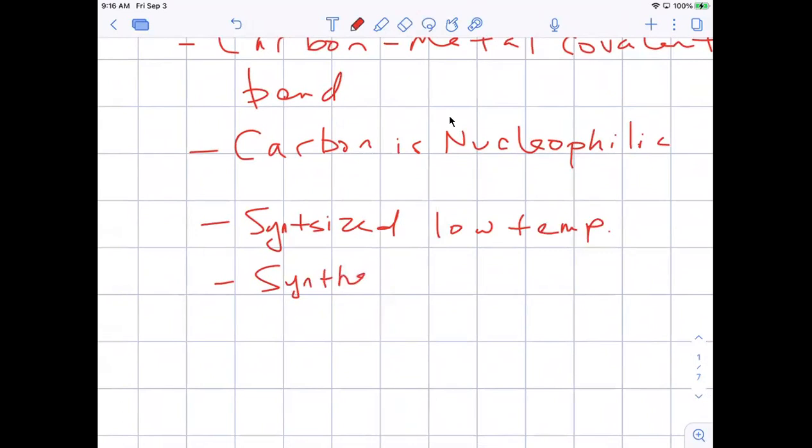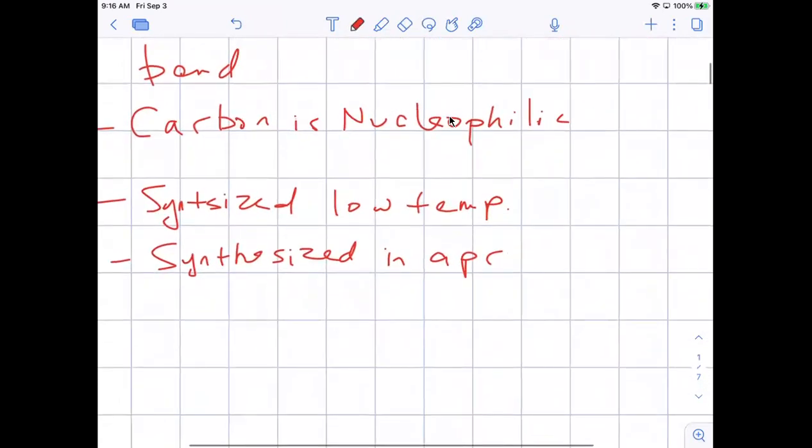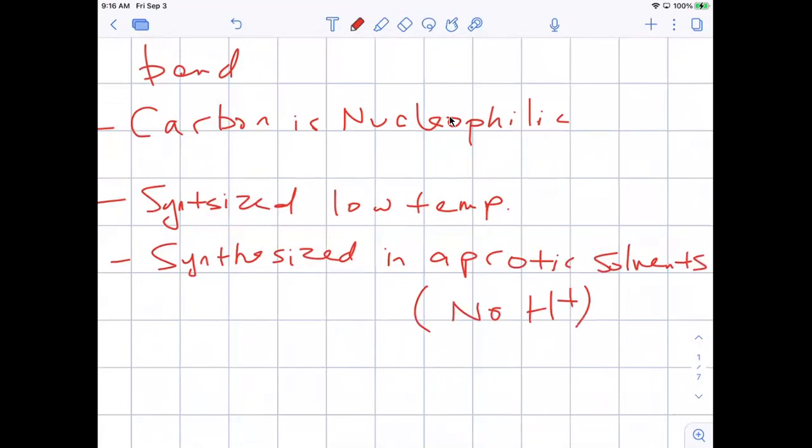And so if you put a proton source around it, then it's just going to quench the organometallic. All aprotic means is that the solvent doesn't have any protons. It's non-acidic, right? So water, alcohols, acetic acid, things like that, you wouldn't want that around your organometallic.